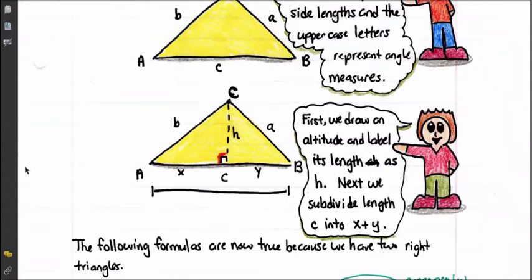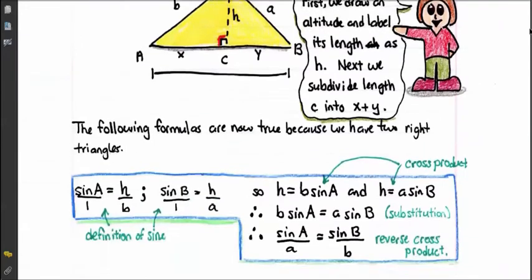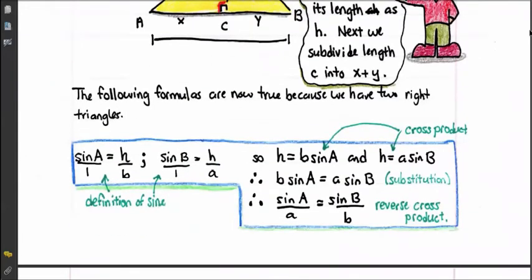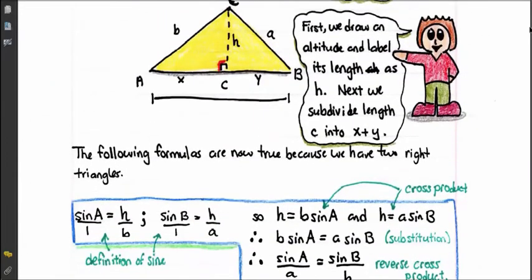First, we're going to draw an altitude and label its length as h. Next, we're going to subdivide side c into x and y. So, the following formulas are now true because we have two right triangles. Let me try to get this on the same screen.